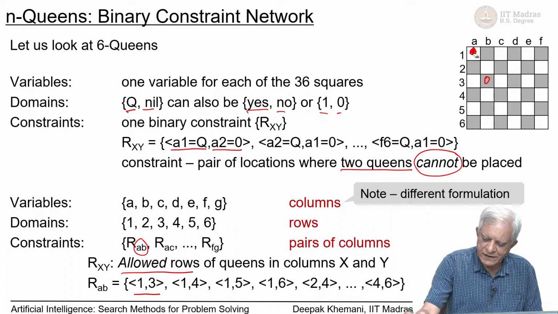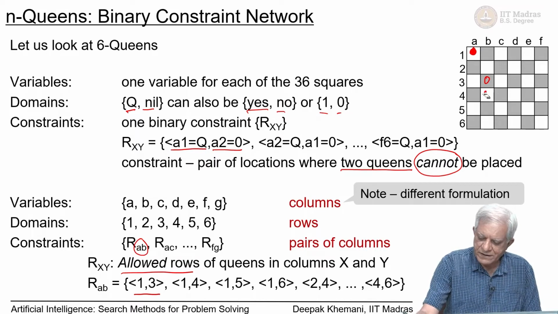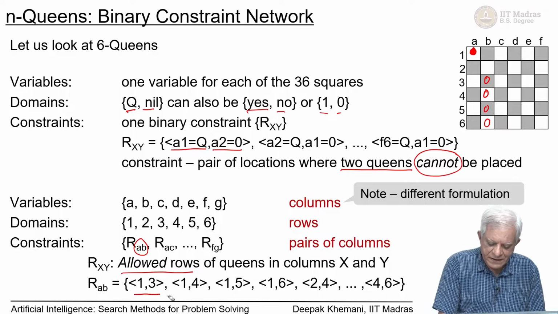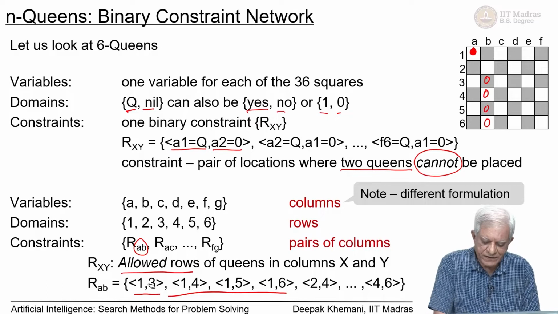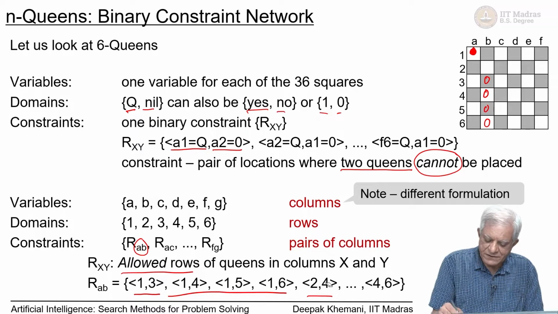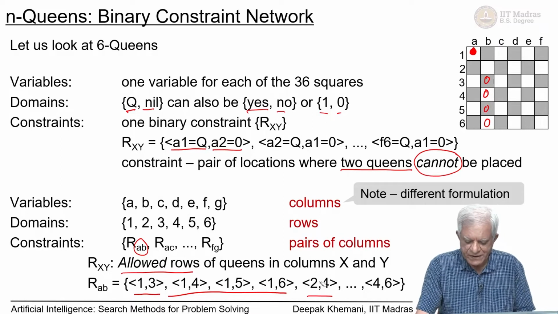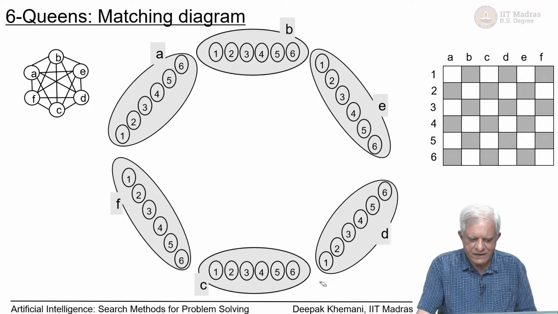So, if the first queen is here, the second queen can be here or here or here or here. In any of these 4 positions this can be done, and that is captured by this relation, which captures wherever the first value is 1, what is the second value allowed. Likewise, if you place a queen in row 2, then the second one can be placed only in row 4 and so on. So, that is a binary constraint network that we have seen.